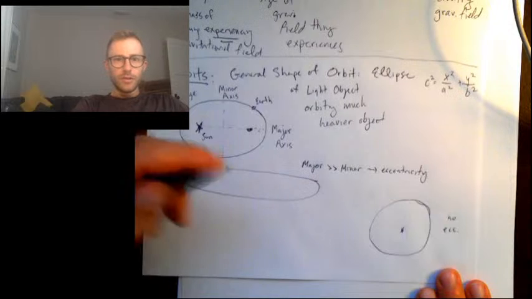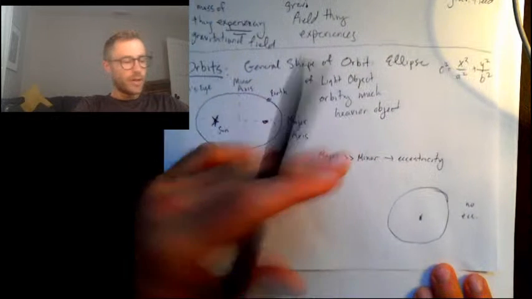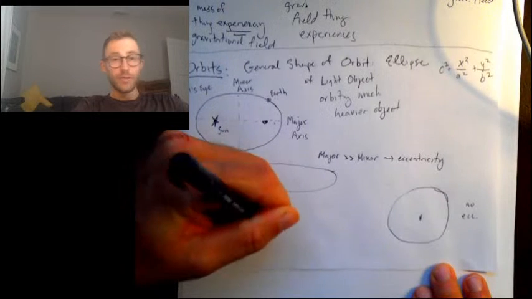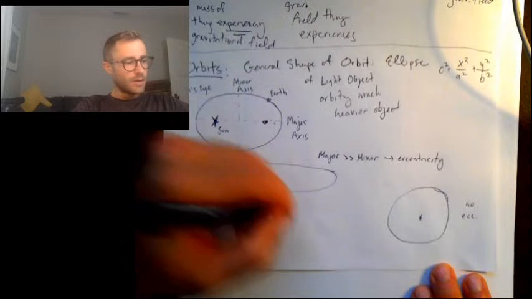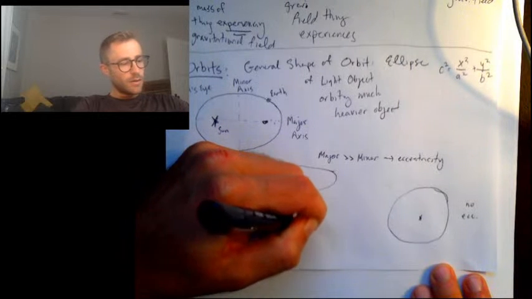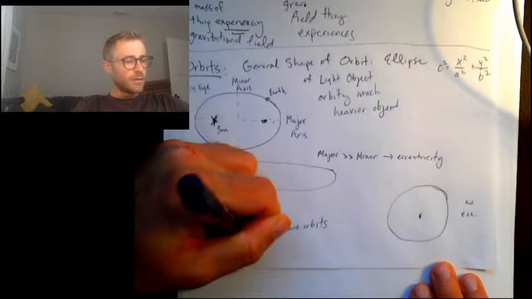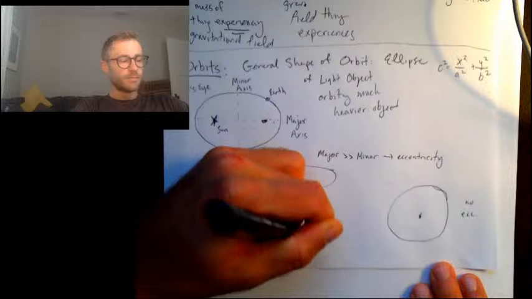Okay, so all the planets have orbits that are ellipses, but they are approximately circular.